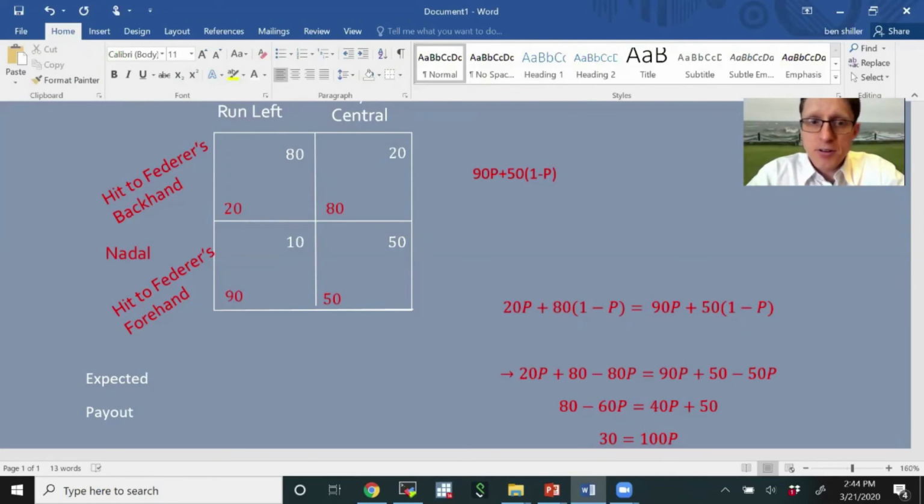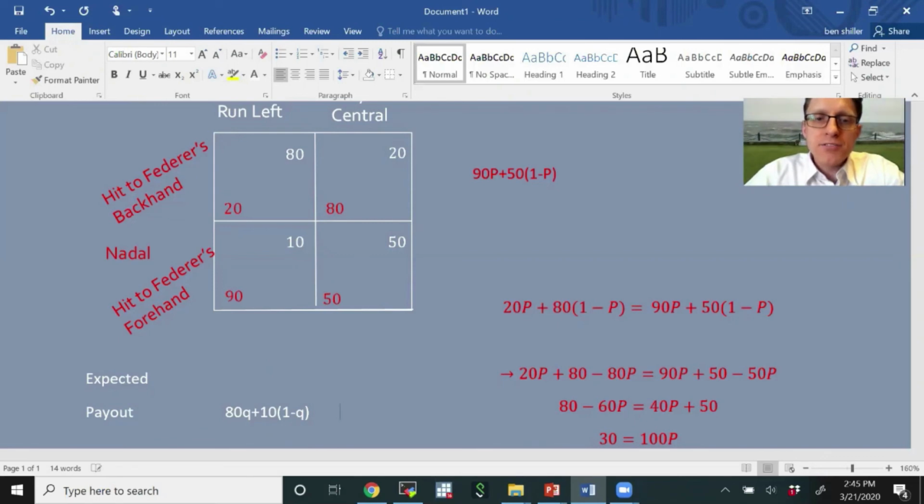Okay, so Federer's expected payoff is 80Q plus the remaining probability of 1 minus Q, that's the probability that Nadal hits to Federer's forehand, times Federer's payoff in that case, which is 10. Okay? So this, what I've written so far, is Federer's expected payoff if he runs left.